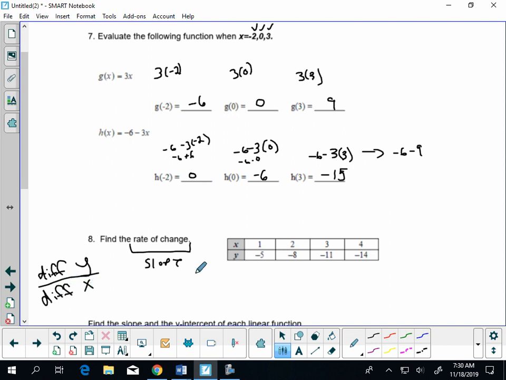I notice my x's are going up by 1. My y's, be careful on this one, they're actually going down. They're getting smaller, down by 3. So the difference of my y's is negative 3. The difference of my x's is positive 1. You simplify that and you get negative 3.